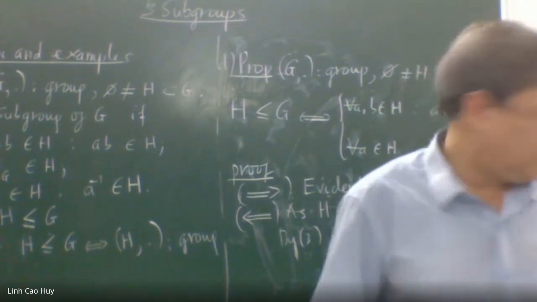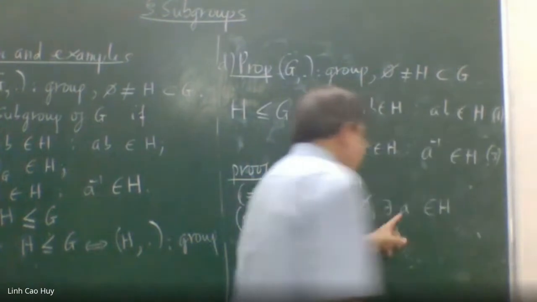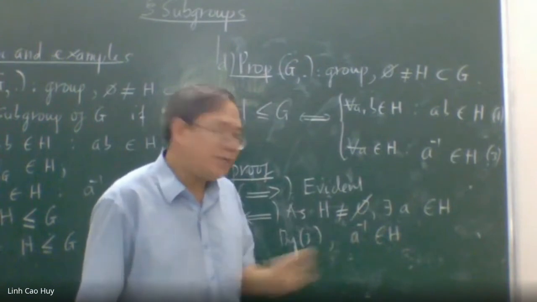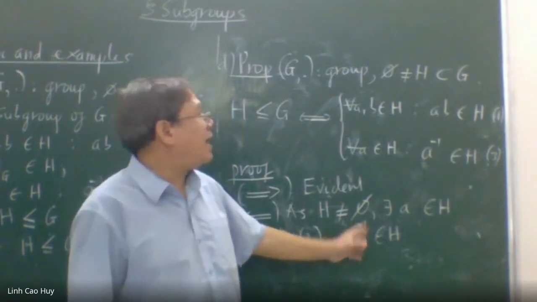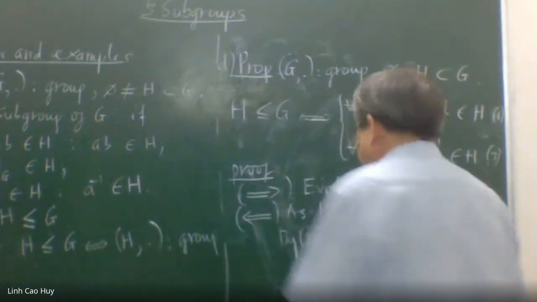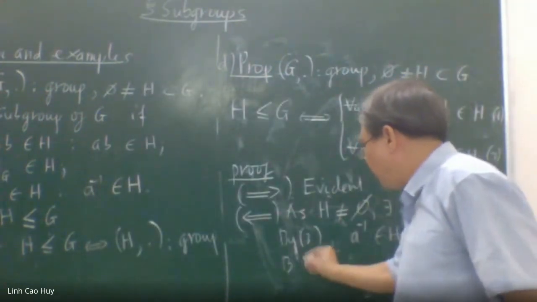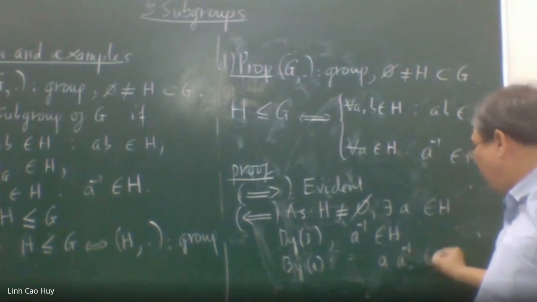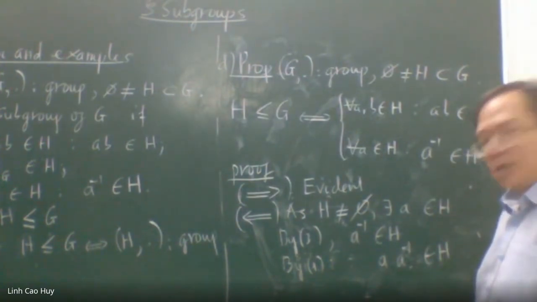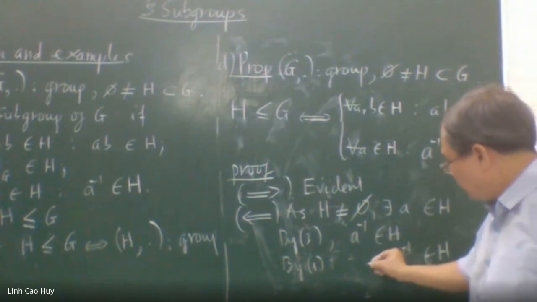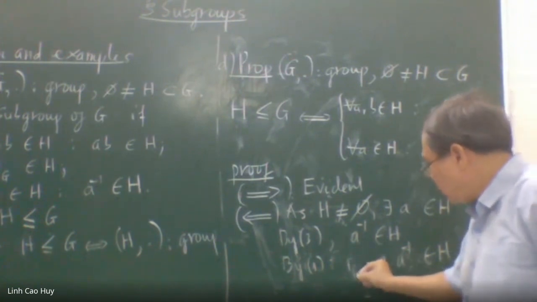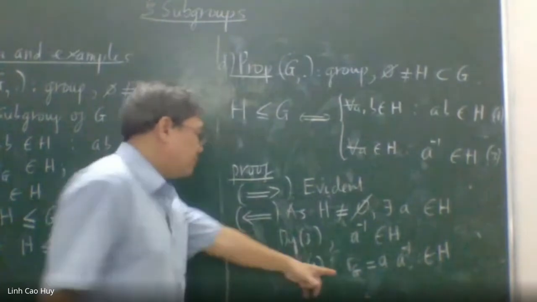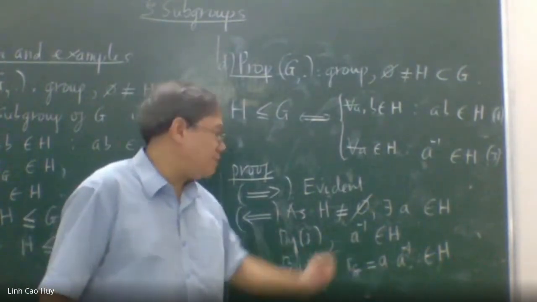And it follows that a is in H and b, here a to the minus 1, is in H. So, by the first condition, we have a times a to the minus 1 also in H. But a times a to the minus 1 equals 1_G. So 1_G is also in H. Okay, so we finish the proof.